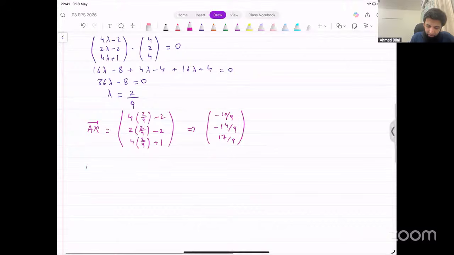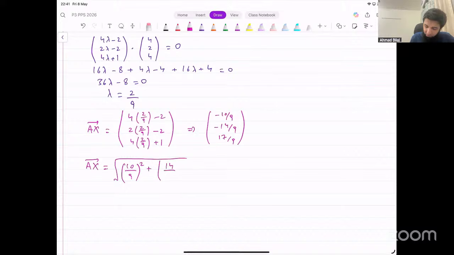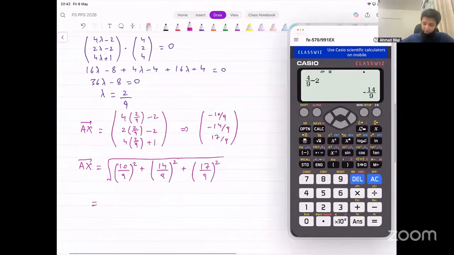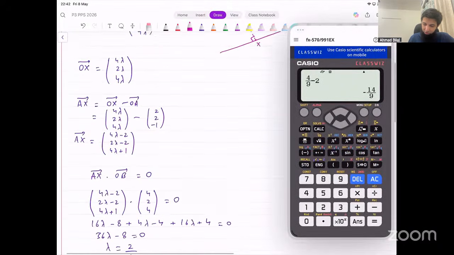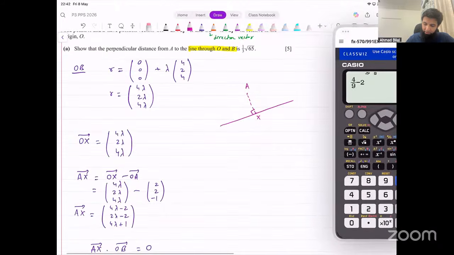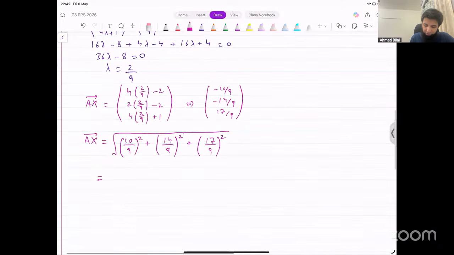Now let's find the magnitude. That will be the perpendicular distance, right? Square root of 10 over 9 whole squared plus 14 over 9 whole squared plus 17 over 9 whole squared. Since you want to show that it turns out to be that, it's important that you show the steps.